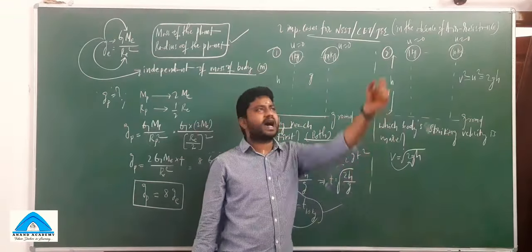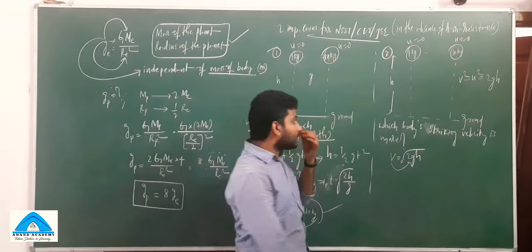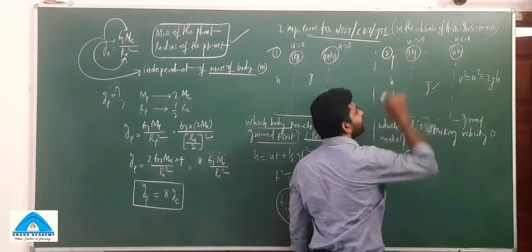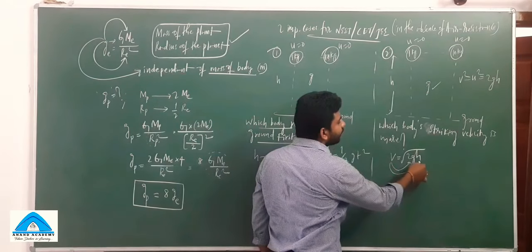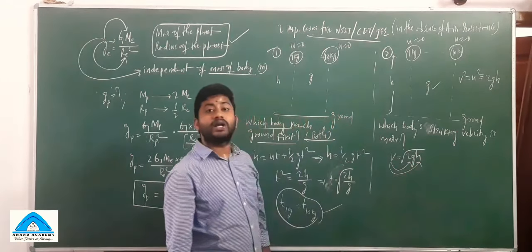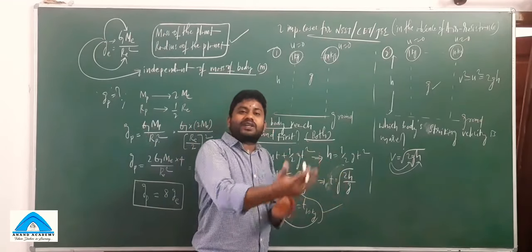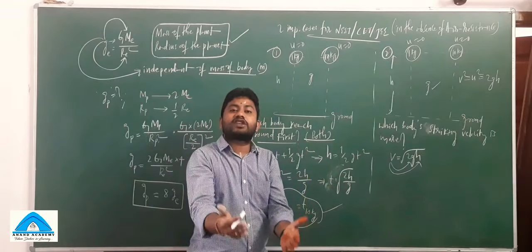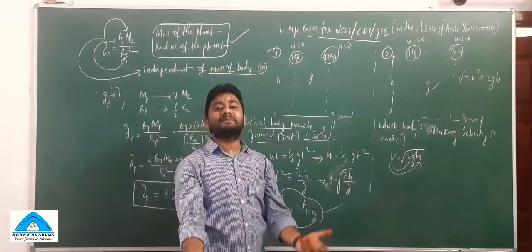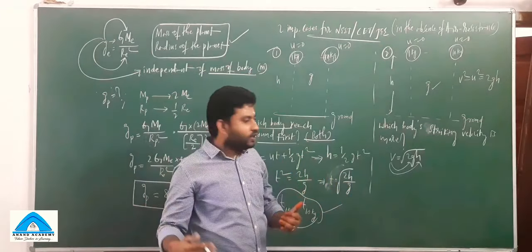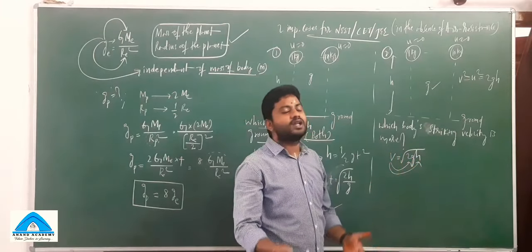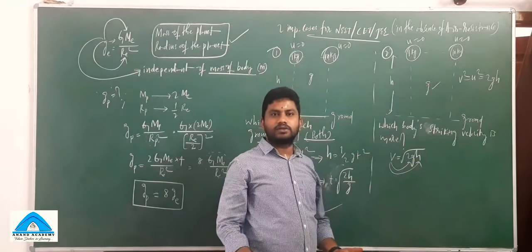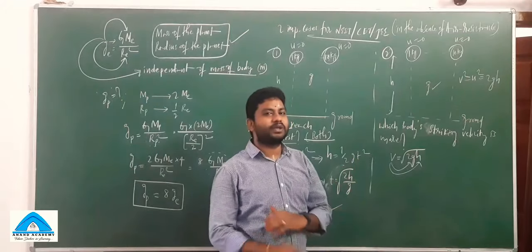Both the bodies are dropping from the same height, so their accelerations due to gravity are the same. And the striking velocity also depends on the height from which the bodies are dropped. In both the cases, the height from which the bodies are dropped is the same. Are you getting the point here? So g is the same, h is the same, 2 is anyhow constant. So then what is your answer? Both the bodies will strike the ground with the same velocity.